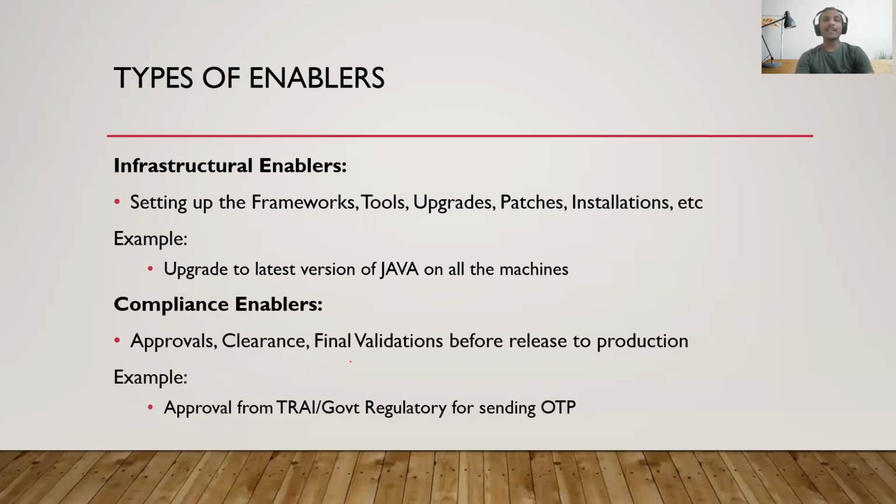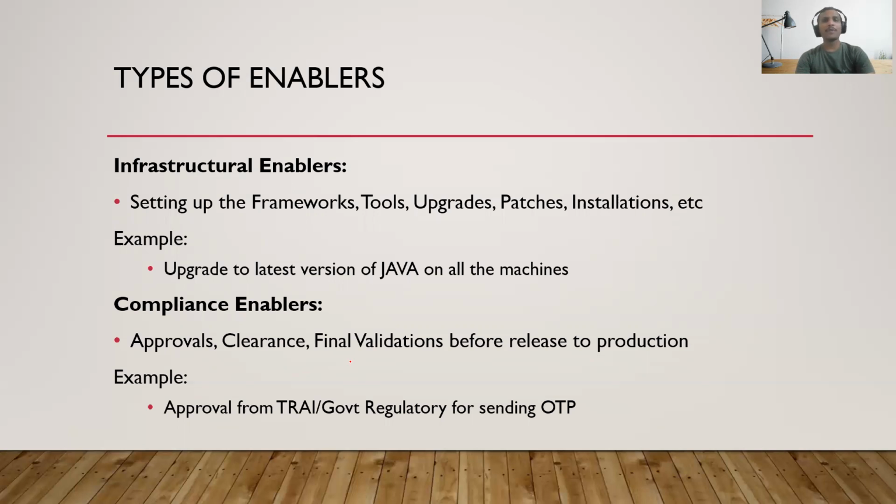The next is the compliance enabler. Again, this may not be common from the implementation perspective. Not every sprint, and not every team might be working on it, but these are also required for the overall implementation. For example, for generating the OTP, we already did exploration and got an idea, but for sending the OTP to phone numbers, we might need approval from the tribe, government authorities, telecom companies, or even the user as well.